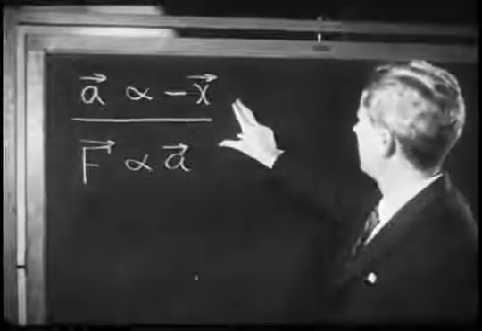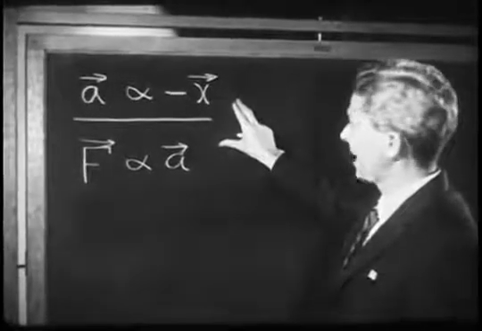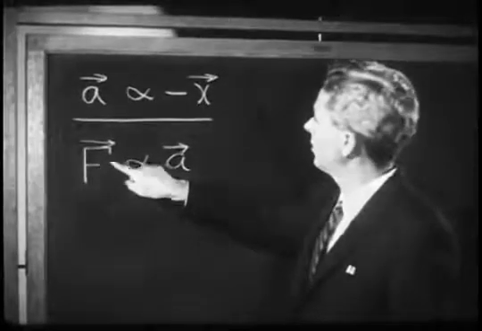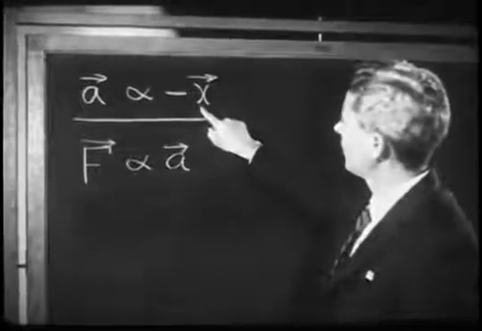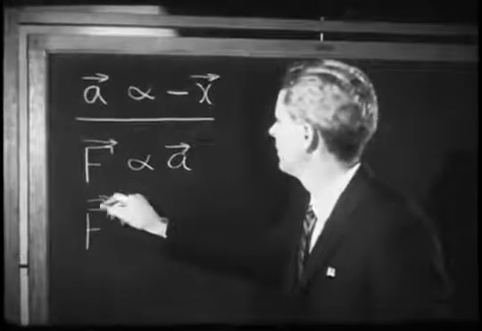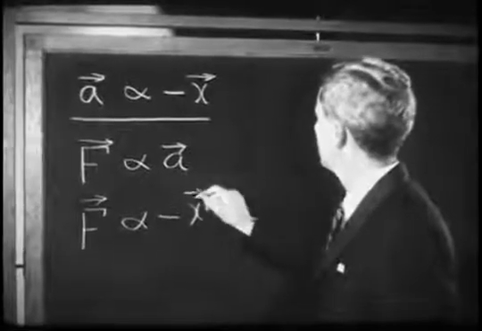Now I want you to compare these two expressions. I think you can see that whenever a mass is in simple harmonic motion, there must be an unbalanced force on it which is proportional to the negative of displacement. F is proportional to minus x.